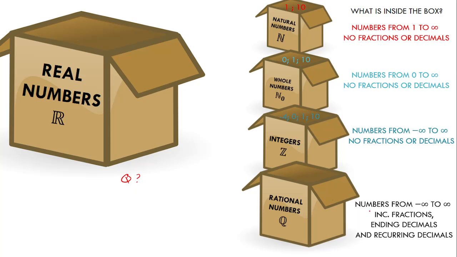If I look at what rational numbers include, they include fractions. Let's put a fraction there. They include ending decimals because all fractions can be written as ending decimals. They include recurring decimals because recurring decimals can be written as fractions. We will do that in a later video.